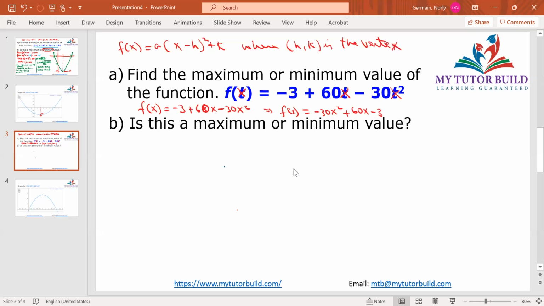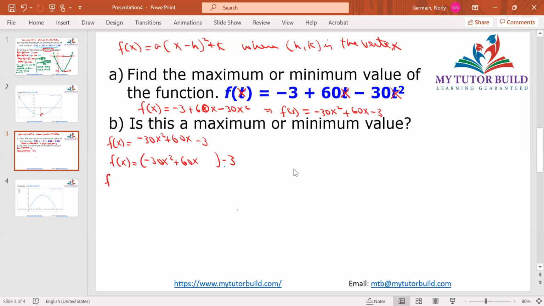So what we need to do right now is to rewrite that function. We have f of x equal negative 30x squared plus 60x minus 3. We can rewrite it as negative 30x squared plus 60x, leaving a space, minus 3 that I put outside.